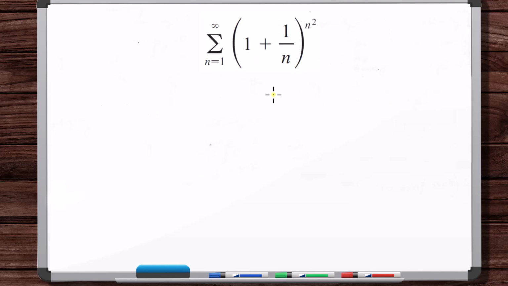Okay, so as far as the absolute value, this is always positive, right? Now, I think I see where they're going with this. So this a sub n, the absolute value of this a sub n, we don't have to worry about the absolute value. There's no negative to deal with.